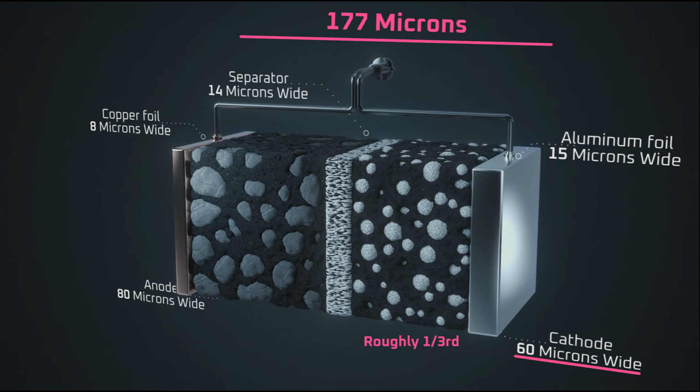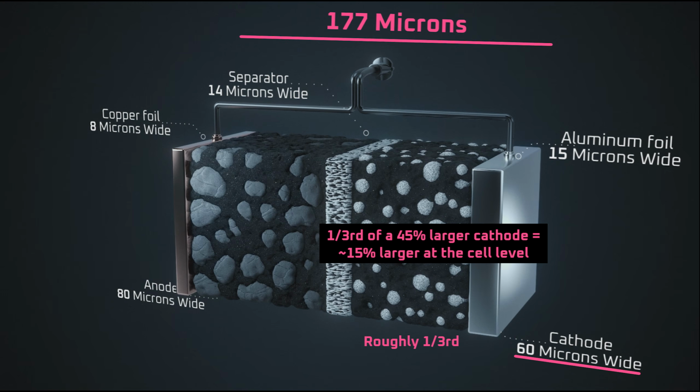No, because the cathode only makes up about a third of the internal volume of a battery cell. That means, all factors considered, the cathode structure of a sodium-ion battery cell tends to result in a volumetric energy density that's about 15% less than lithium-ion battery cells.